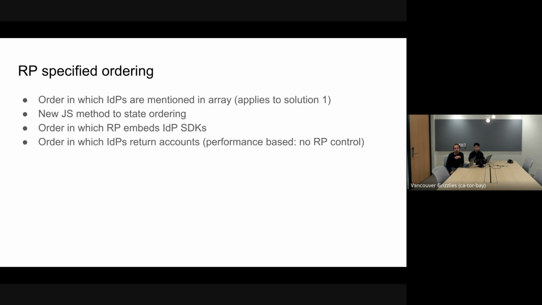And another option is to basically order based on how fast the IDPs return the accounts. So performance-based, but that's really not providing any RP control. So it's not really a solution to the specific RP preference problem.